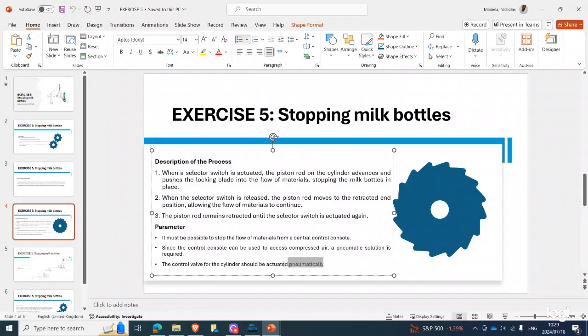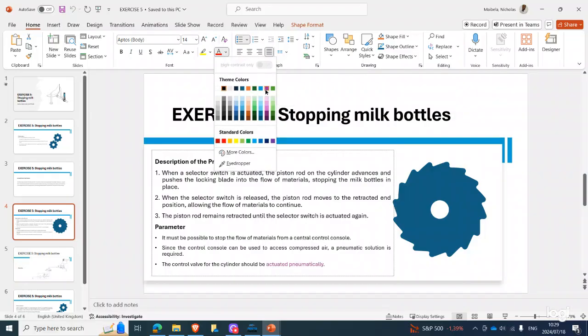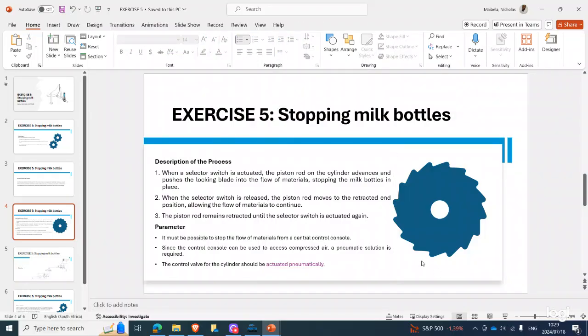So this statement particularly, let me just highlight it. It's very significant in determining what component to use. They're saying the control valve of the cylinder should be activated pneumatically. Which means we can't directly use a push button connected to our cylinder, because our cylinder should be actuated pneumatically.